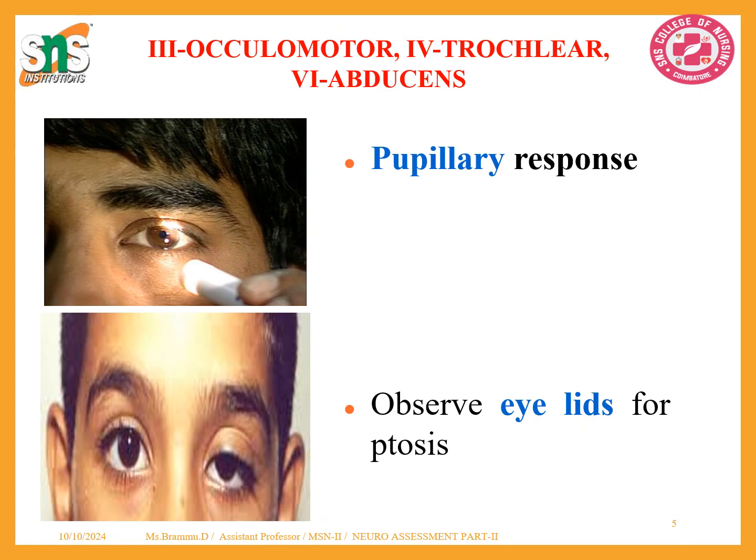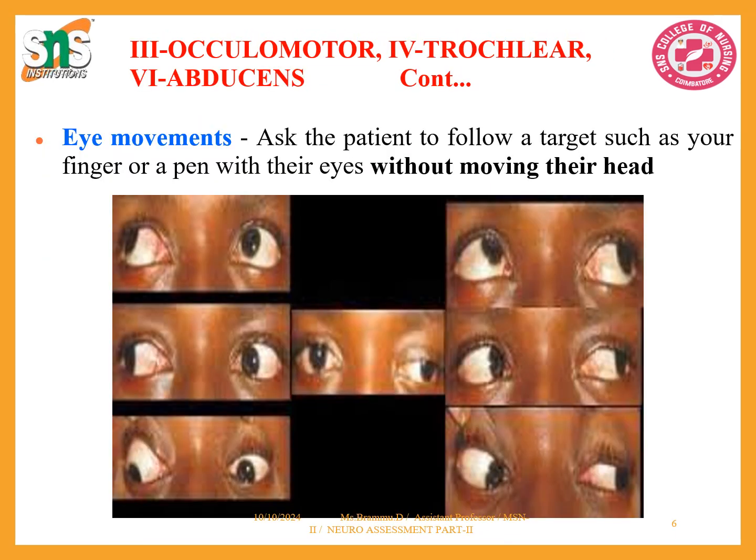To assess the oculomotor, trochlear and abducens nerves, we do all these together. Here we check the pupillary response, whether the pupils are equally round and reacting to light and accommodation, as well as the upper eyelids for any sort of ptosis, and we check the eyeball movement.